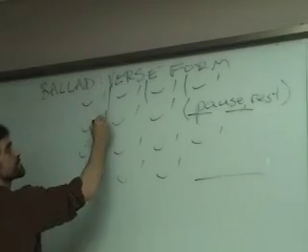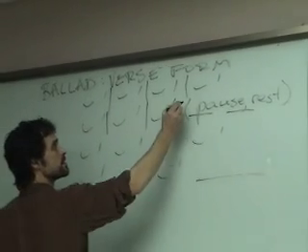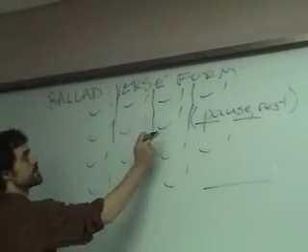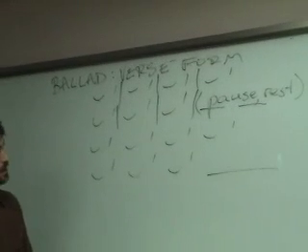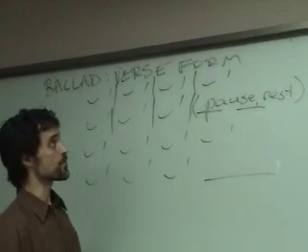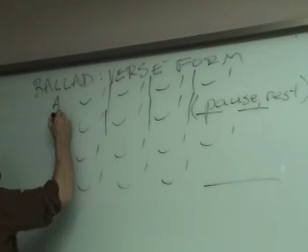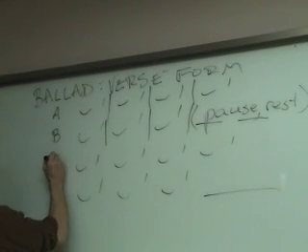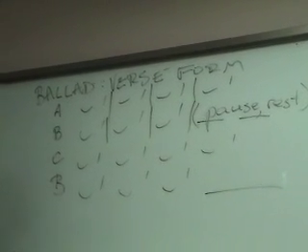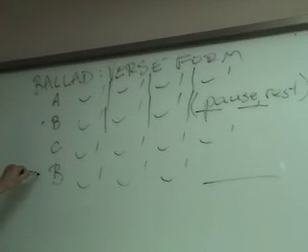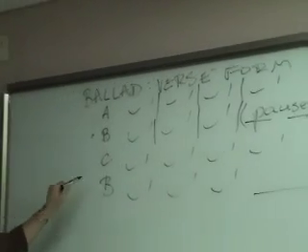And 3 stresses, notice, in the second line: 1, 2, 3. That's a verse form. Finally, it rhymes. So you've got to have this rhyme scheme: A, B, C, B. So lines 2 and 4, the short lines, have to rhyme.